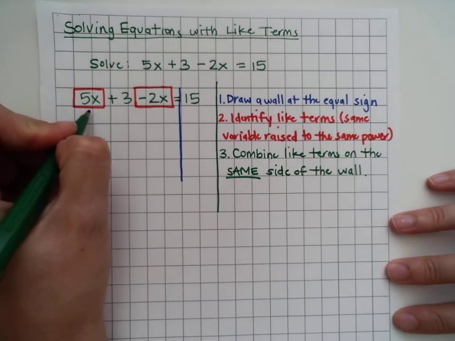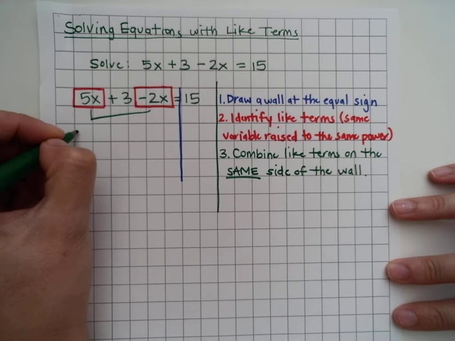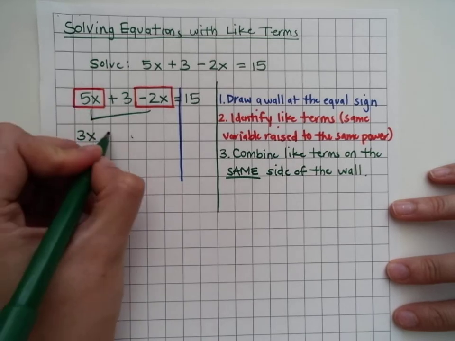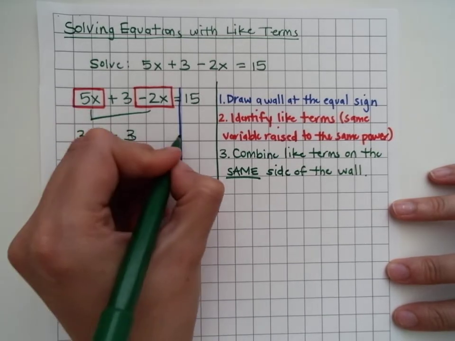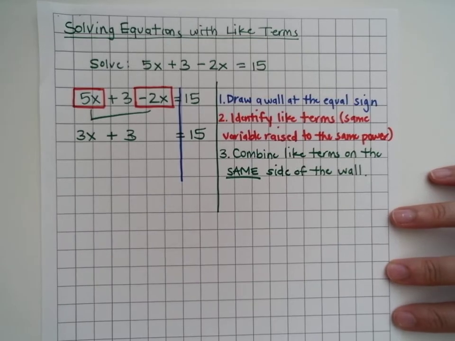So we can combine 5x and negative 2x. So 5x minus 2x is 3x. Then we're just going to bring everything else down. So we have a plus 3 equals 15.